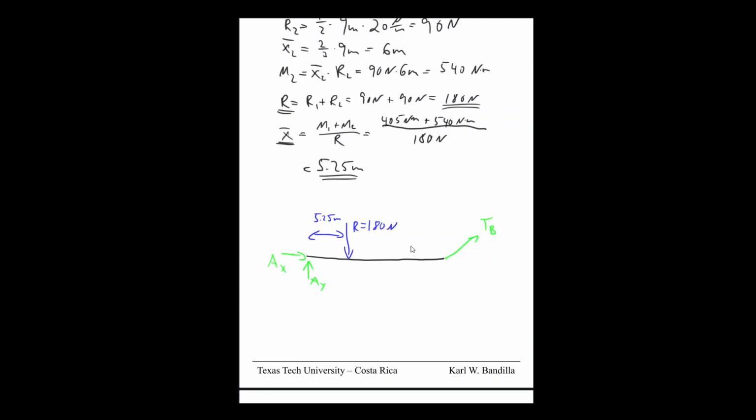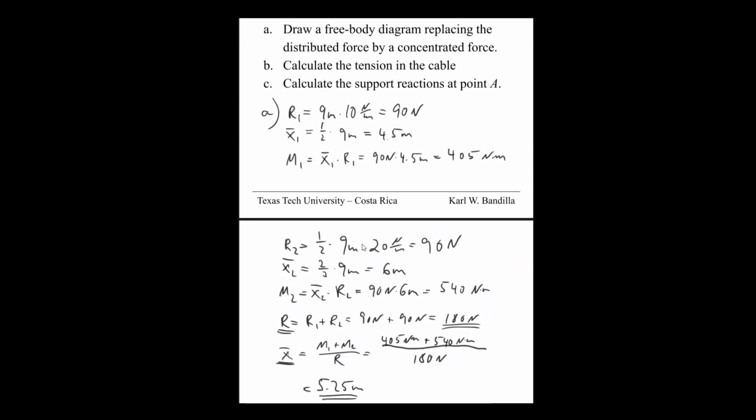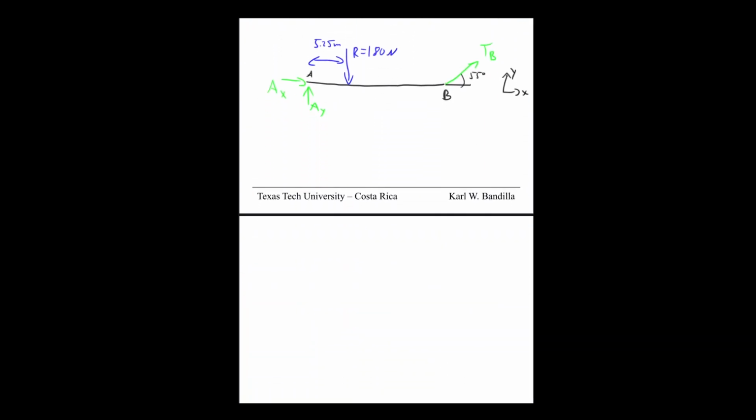Also know that we have an angle here that is 55 degrees. All right, then last thing here, X and Y coordinate system. And with that, I think we have all we need. We'll also put in A and B. So with that, I think we have what we need here. So then we need to get the tension in the cable. Let's do that on the next page here.